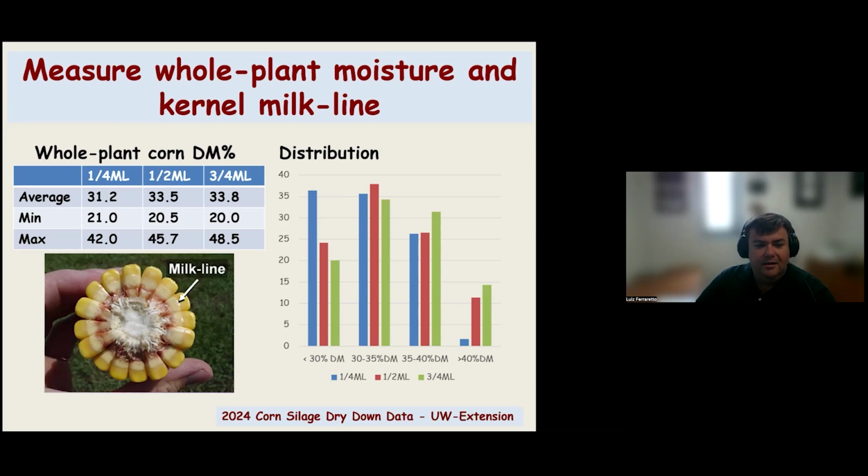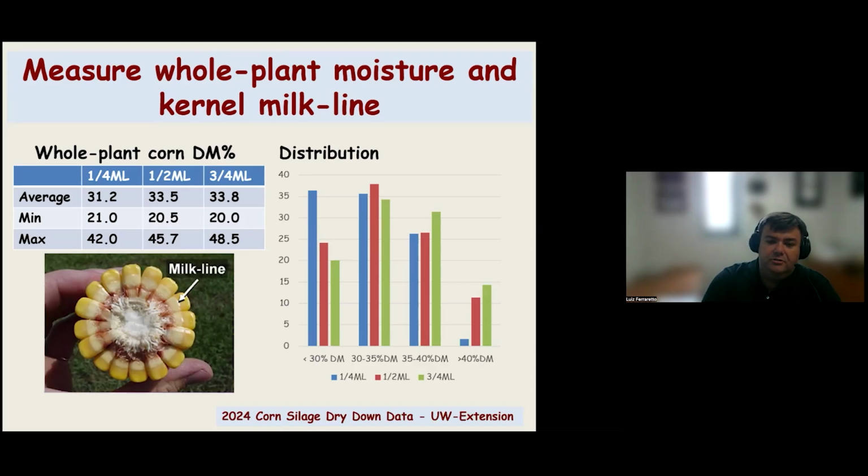But look at the minimum and maximum within each of those. So basically what I'm telling you is you may have the perfect kernel milk line and the dry matter is not perfect. If we summarize the other way around, it's true as well, right? What does that mean? That means that we have to pay close attention to both so we can make the best informed decision of when it's appropriate to harvest.